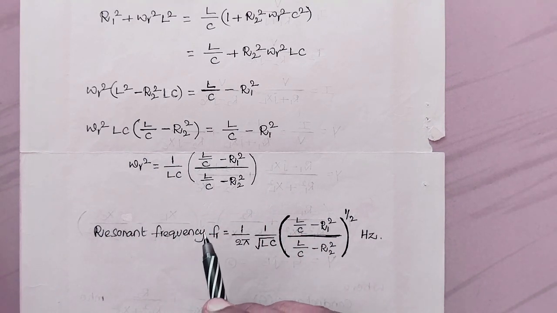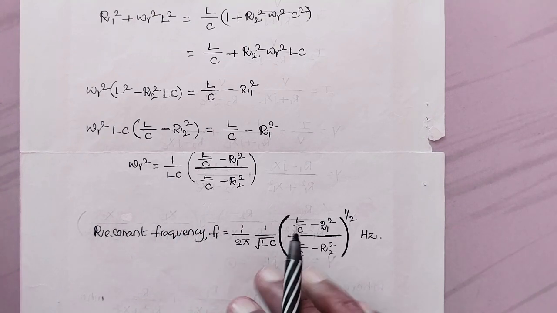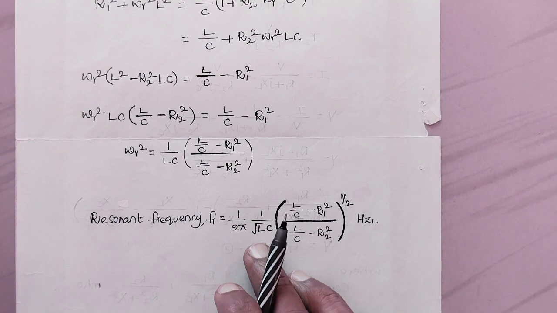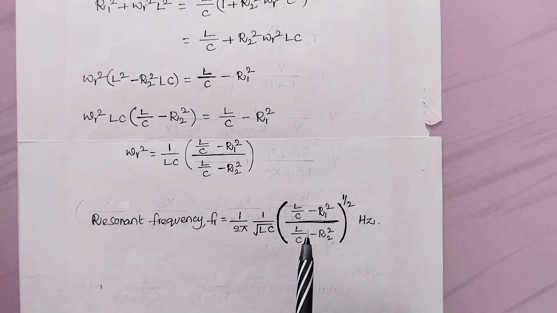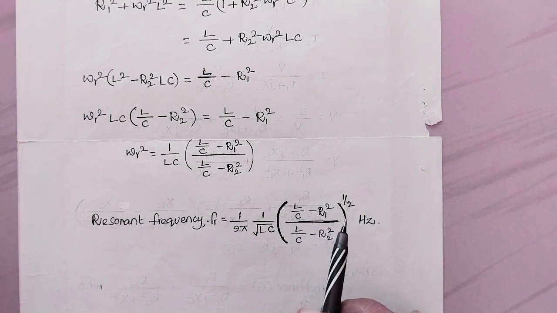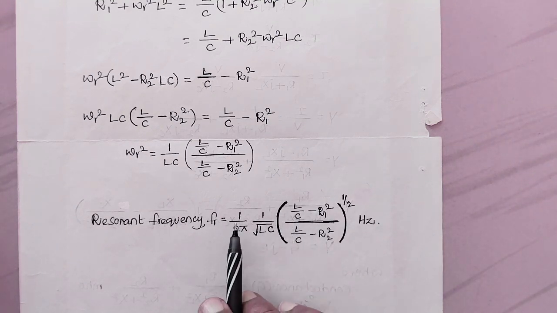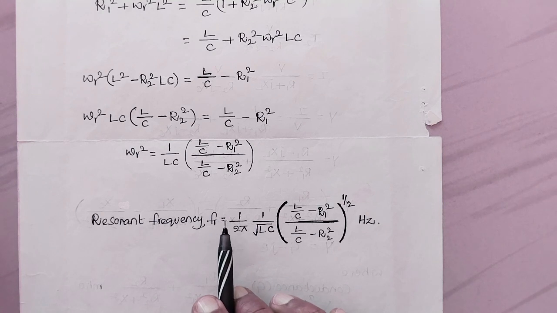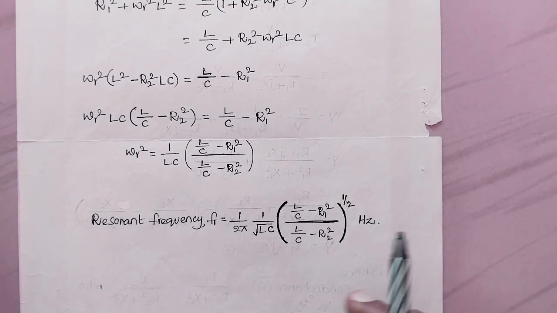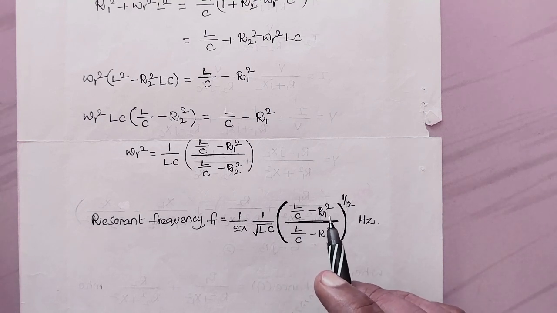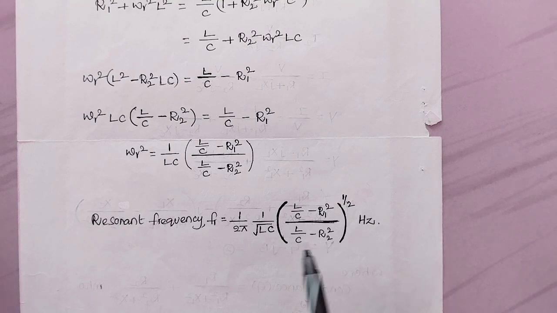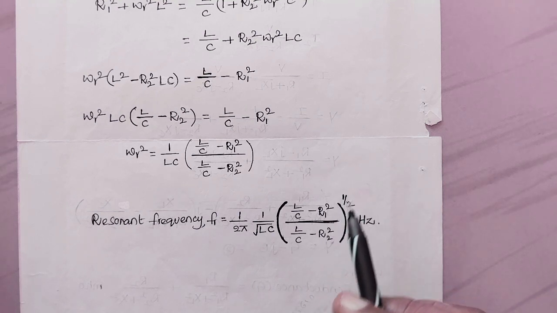If you want it in hertz, the resonant frequency is fR equals 1 by 2 pi times 1 by root LC into the square root of (L by C minus R1 square) by (L by C minus R2 square), that is, whole power 1 by 2. If you want it in radians per second, take the 2 pi to the left hand side, and you get omega R, the resonant frequency in radians per second, equals 1 by root LC into [(L by C minus R1 square) by (L by C minus R2 square)] whole power 1 by 2.